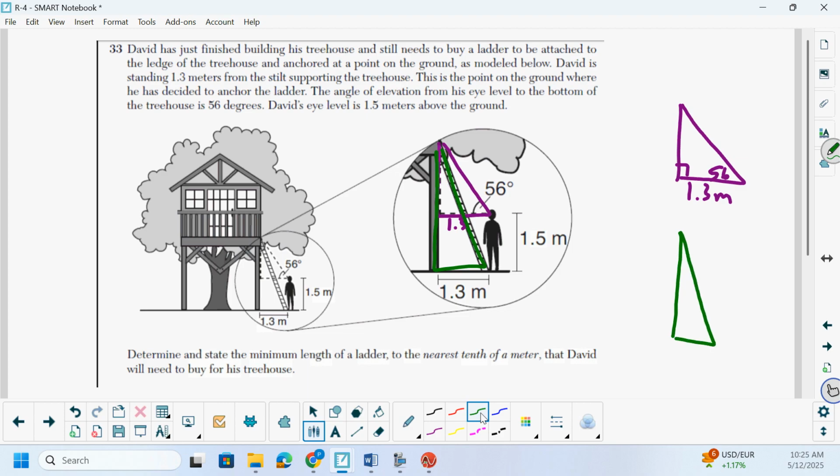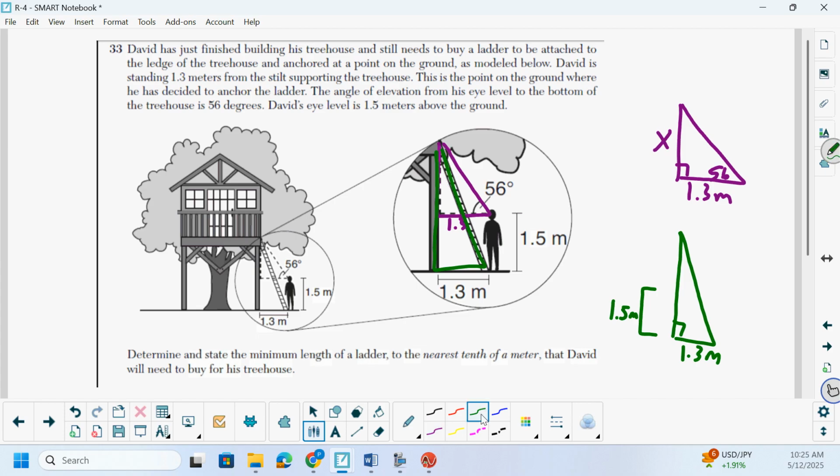The things we know about this triangle, we know 1.3 meters for the bottom side. And for the vertical side there, we know this portion of it is 1.5 meters, but we don't know the other portion. But the other portion is coming from the vertical portion of our purple triangle. So I'm going to call the purple vertical part x.